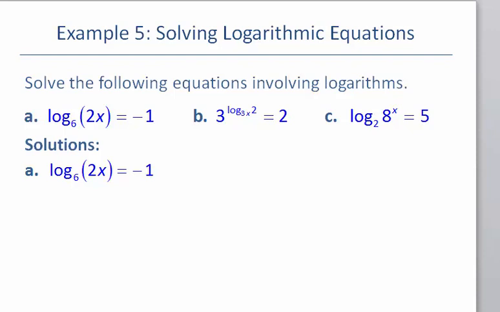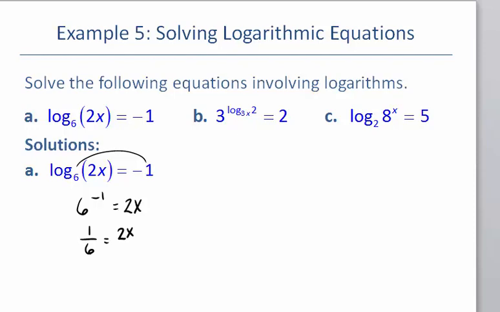So I'm going to start with my base of 6. Go to the other side and get the exponent of negative 1 and set it equal to 2x. So 6 to the negative 1 is, we're going to move that 6 down. So 1 over 6 is equal to 2 times x.